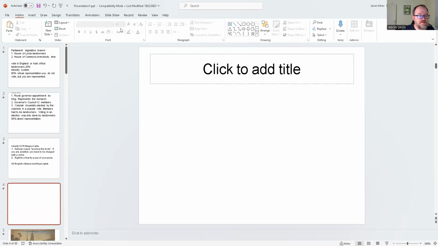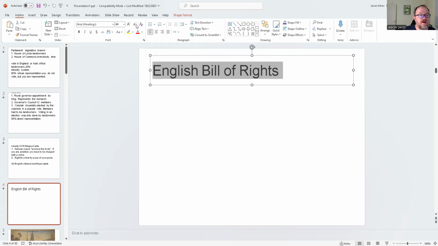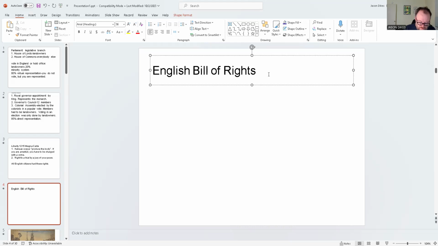All right, two more things I need to add in here. One is the English Bill of Rights. The English Bill of Rights had grown out of the Glorious Revolution.